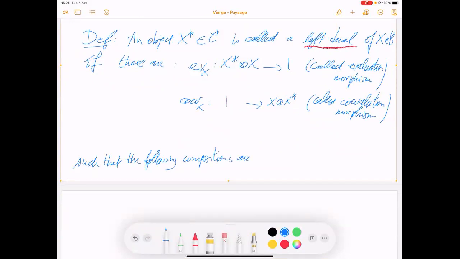So you have a kind of commuting diagram for the morphism to be evaluation or co-evaluation.